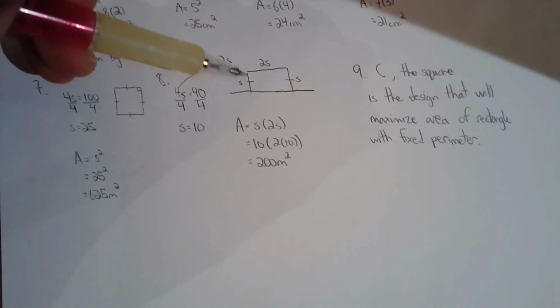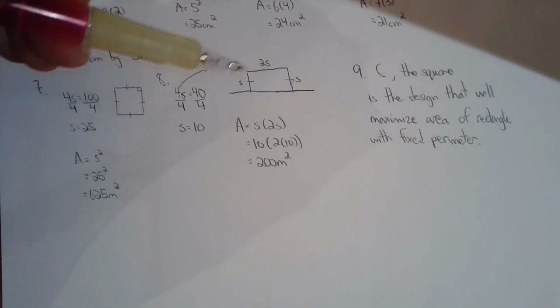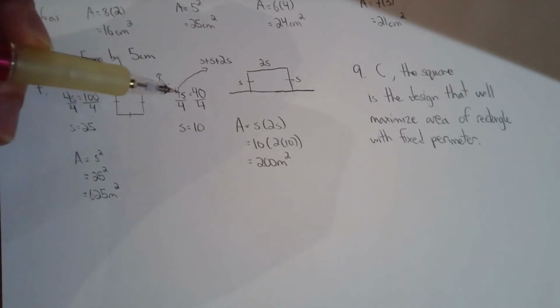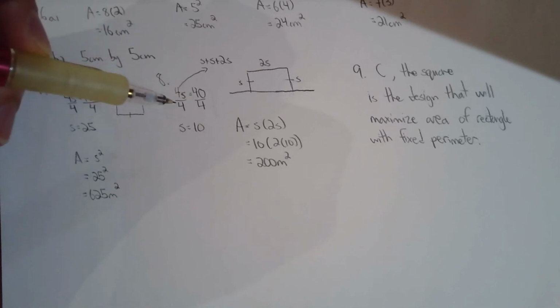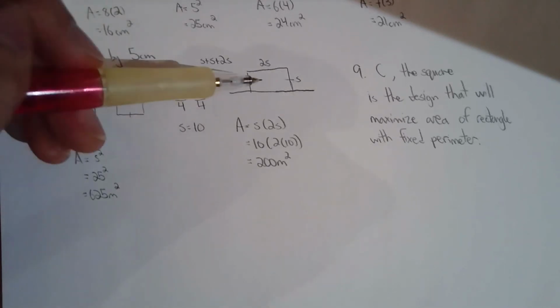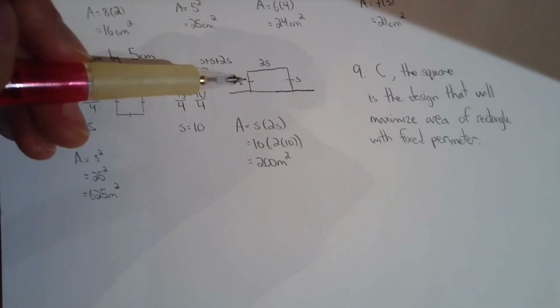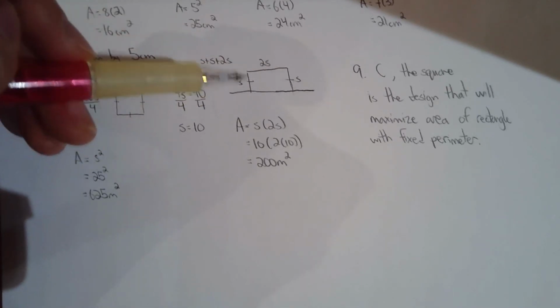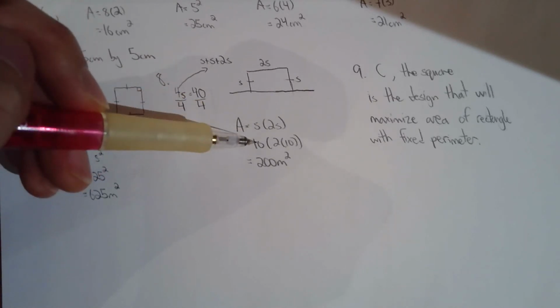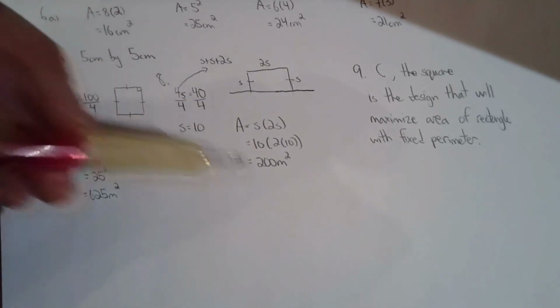And S plus 2S plus S must be equal to 40 meters. You have 40 meters of fencing to do the job. So 4S equals 40, divide both sides by 4 to solve for S. S is 10, and then we can find the area of this rectangle, which is S times 2S, length times width. So S times 2S, if S is 10, then 2S is 20. 10 times 20 is 200.